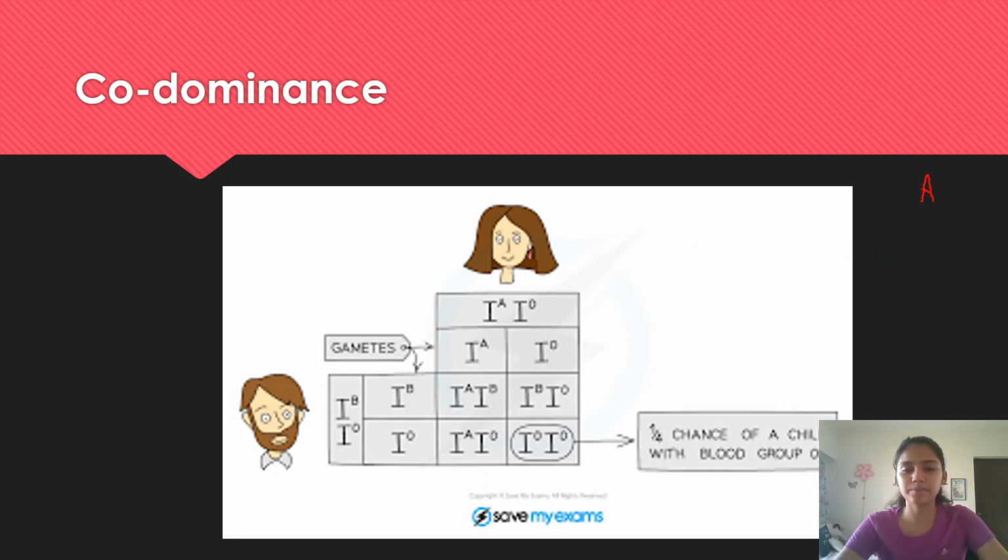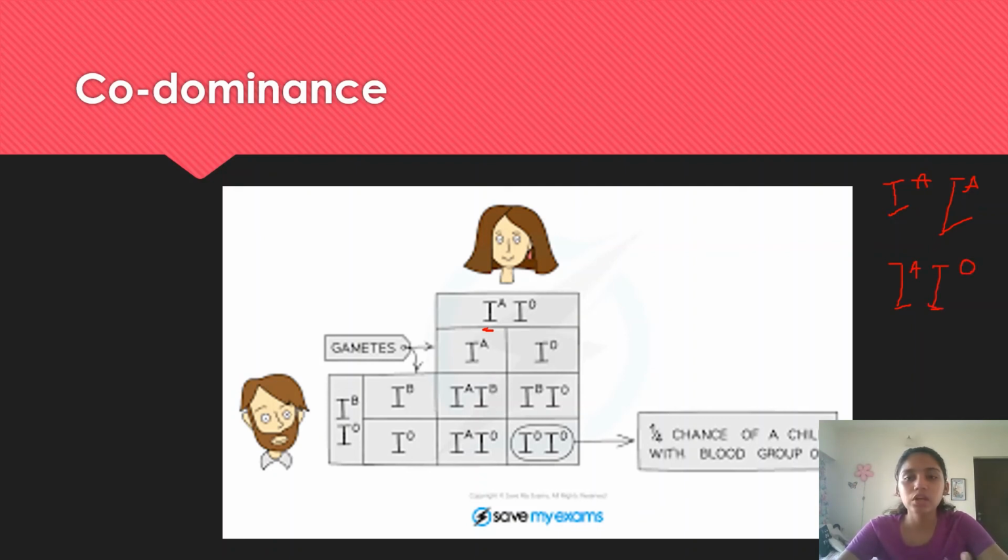Okay, wait. I'm just gonna rewrite it. So the gene for which blood groups is seen is called I. So you always write it as I. Okay. So if you're A positive, your possible genotypes are IA IA or IA IO. Just remember, O is always recessive. A and B are always dominant.